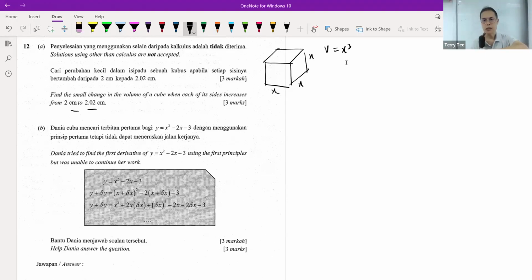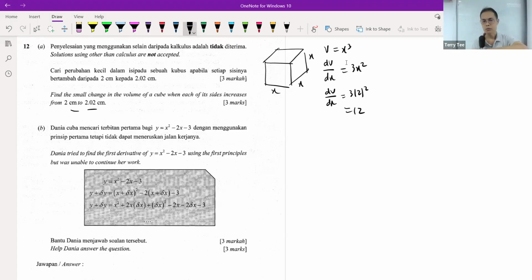So we're going to use differentiation, right? So let's differentiate, dV/dx is 3x squared. Now, initially, the cube has a length of side of 2 cm. So we substitute 2 inside, 3 times 2 squared, that gives us 12.